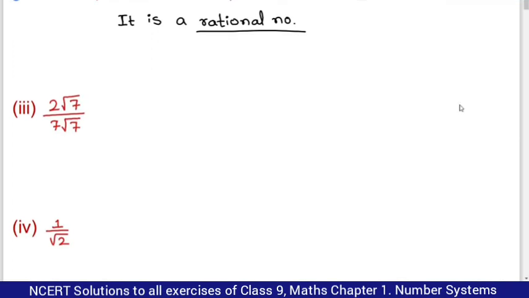Third one, 2 root 7 by 7 root 7, which is equal to, this root 7 gets cancelled, equal to 2 by 7. 2 by 7, it is a rational number.